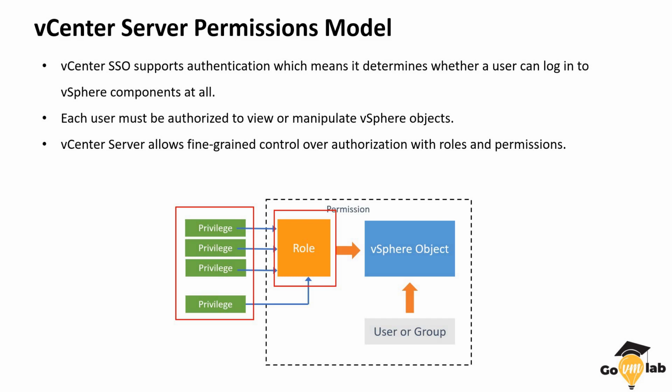We also created a custom level 2 engineer role for a virtual machine user and assigned a specific set of privileges for basic virtual machine interaction, like powering on and powering off the virtual machine.